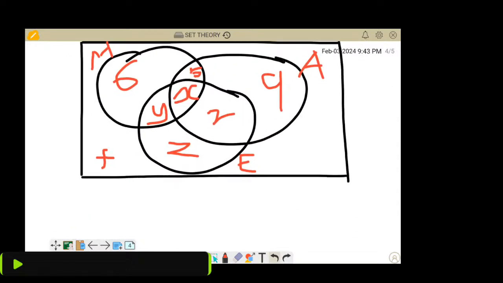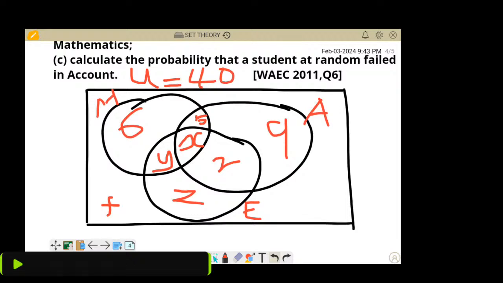Okay, how do we now go about this? With the information that we have on the Venn diagram, we can easily find the value of our X. And how do we go about that?